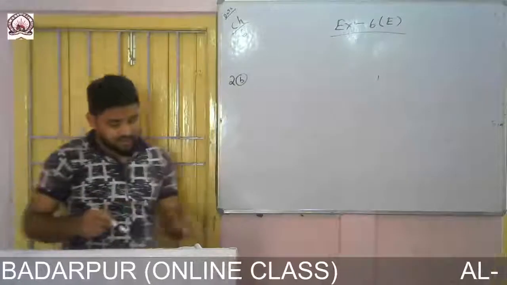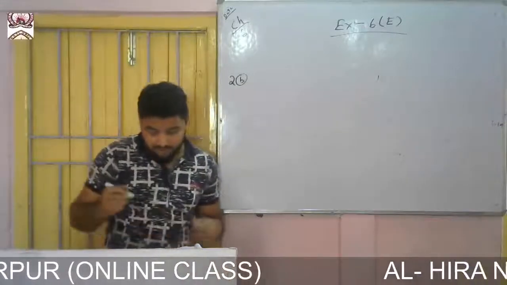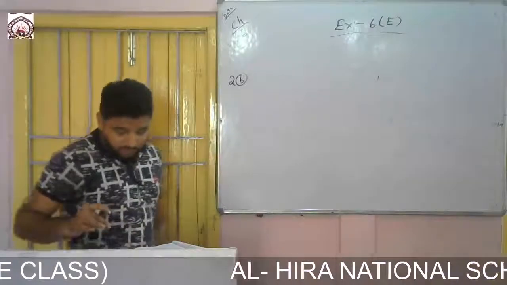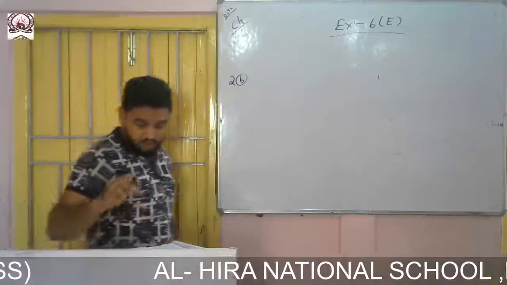So question number B, what is there? Find the smallest number when divided by 14, 28 and 56 leaves no remainder.